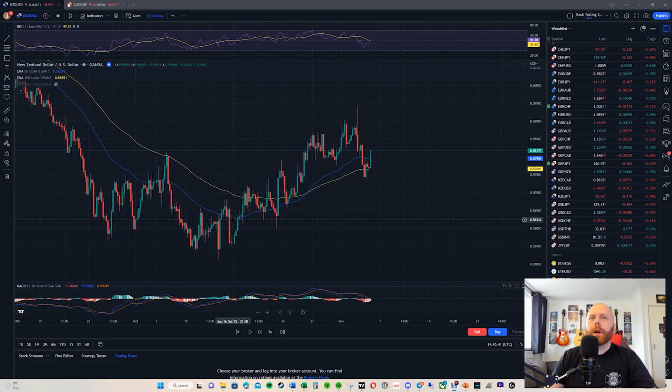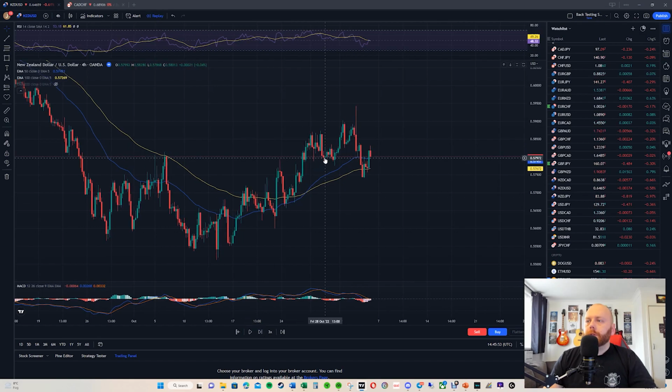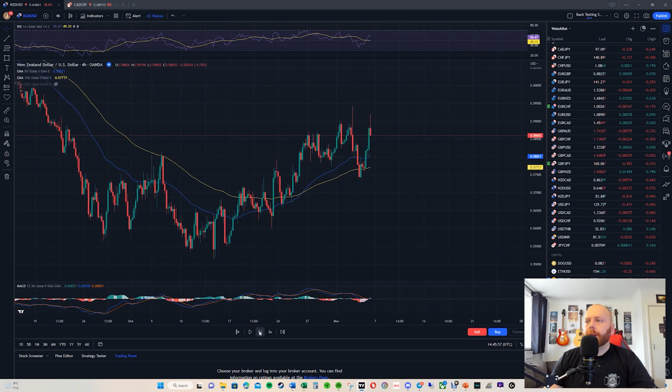So we're on the 4-hour chart here. And we can see that the price has tested around about the 100 and the 50 EMA. Let's see what happens. So you can see it's tested just past the 100 and the price has bounced back up.